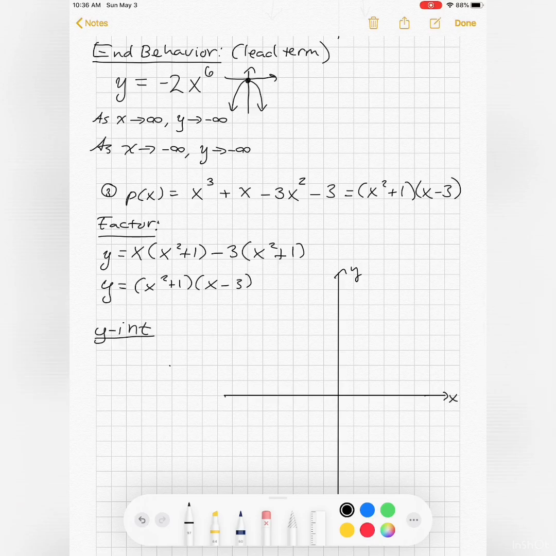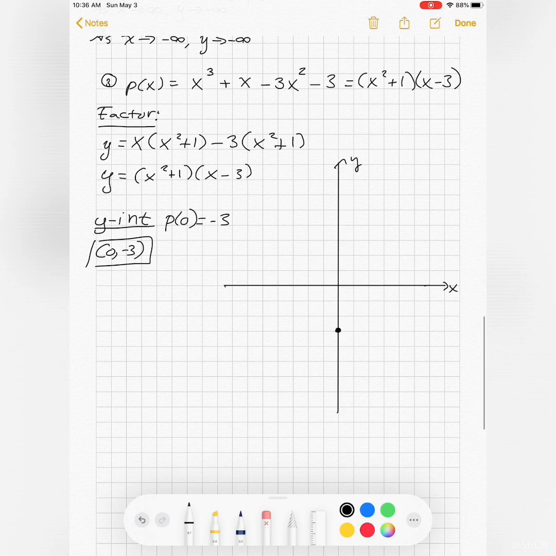Let me find the y-intercept. I could have done that before or after. If I plug in 0, I'll get negative 3. Here's the y-intercept. Now let me make my table here.